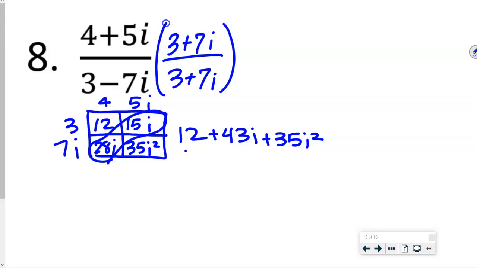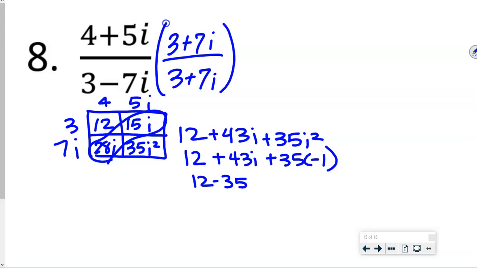Going to change the i squared to a what? Yes, -1. Okay, so that's going to give me 12 minus 35, isn't it? Those are our like terms, plus 43i. So this is going to be 23 plus 43i. That's going to be my numerator, right?